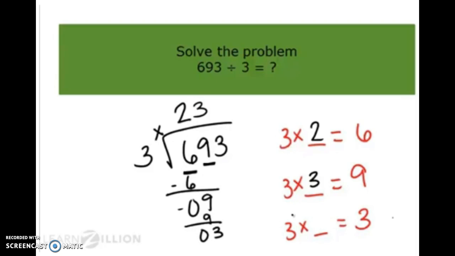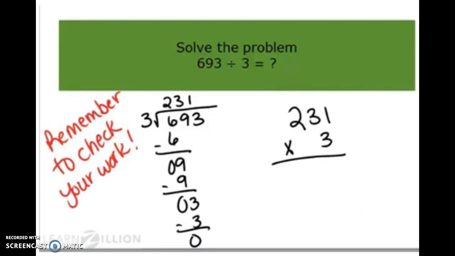So I need to think about 3 times what number gives me the value of 3. I know that 3 times 1 is equal to 3. So now I'm left with the answer 231. So I know there are 231 groups of 3 in the number 693.